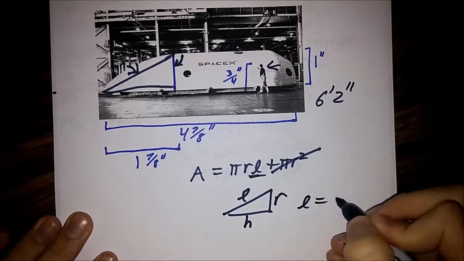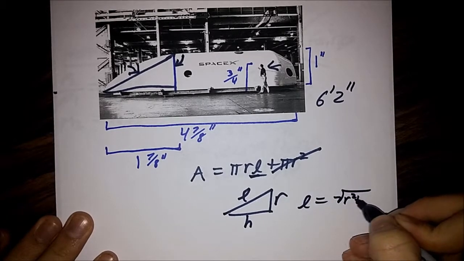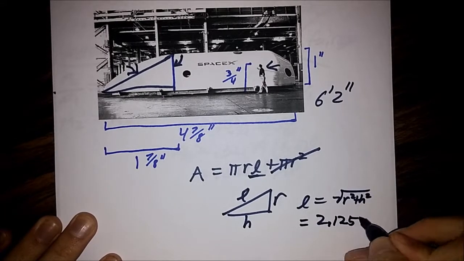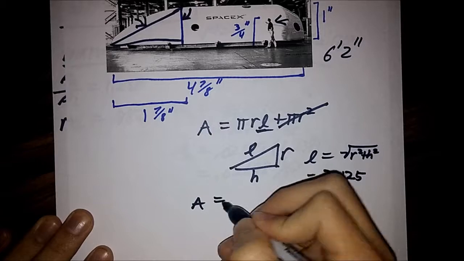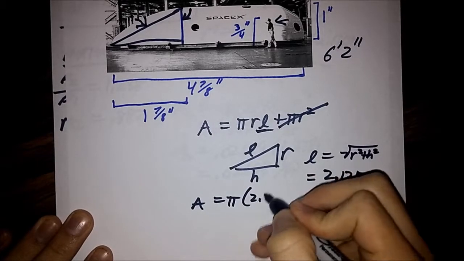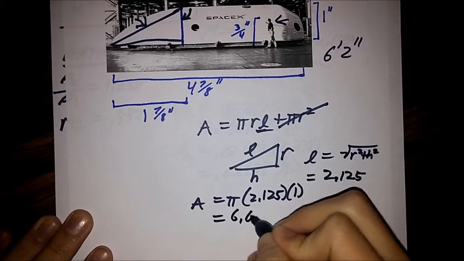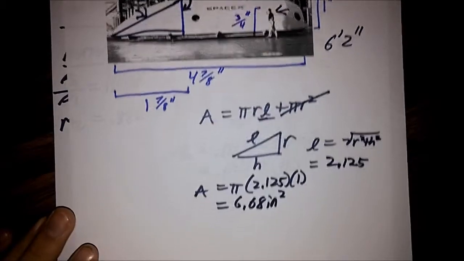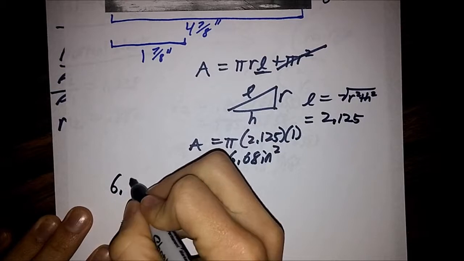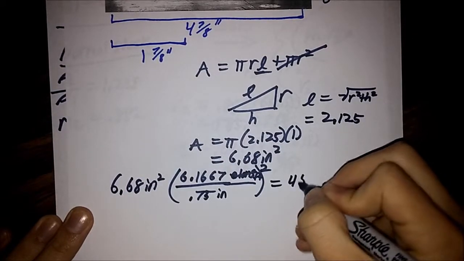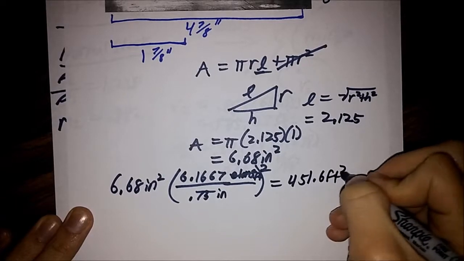So L will be equal to the square root of r squared plus h squared, which will be 2.125. So our area is equal to pi times 2.125 times 1, which is equal to 6.68 inches squared. And then we just need to apply our conversion factor of Elon Musk's, and that'll be 451.6 feet squared.